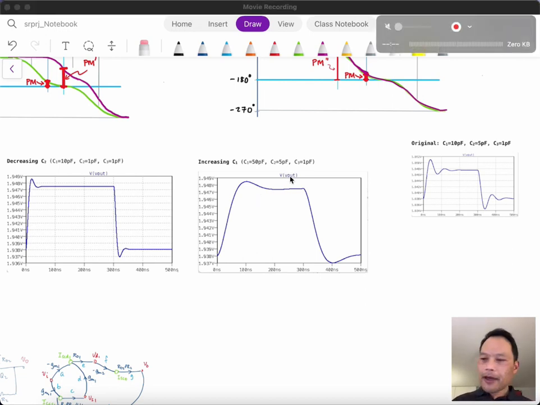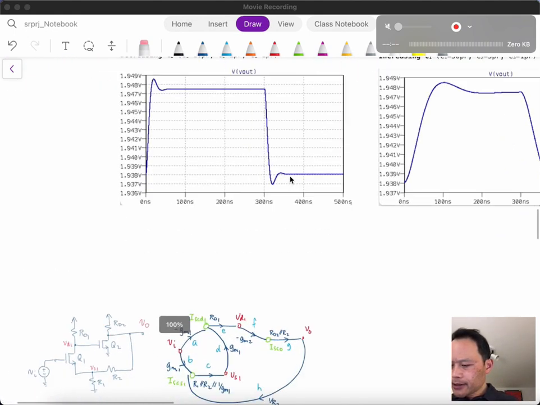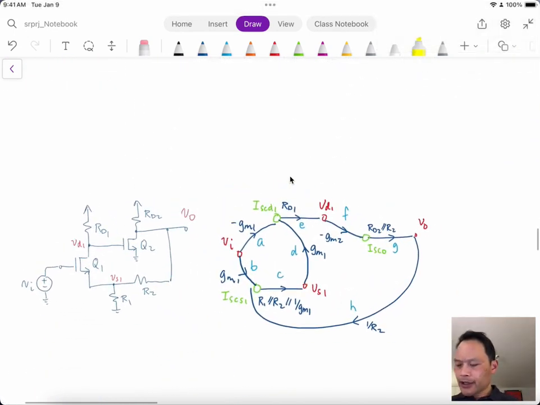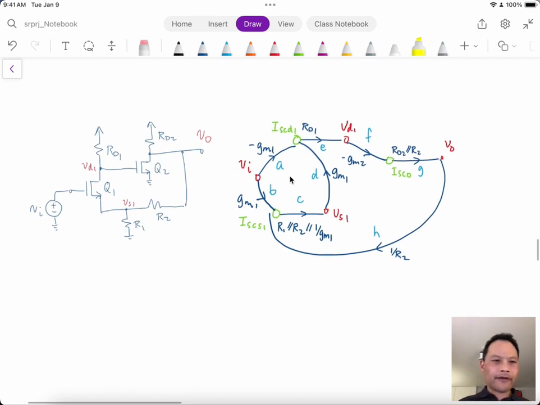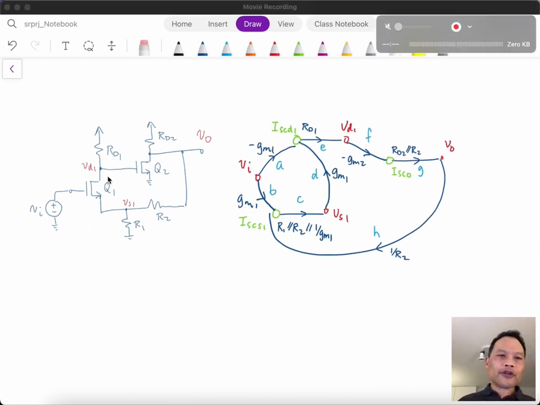So to recap then, this set of videos has gone through the analysis of a typical transistor feedback amplifier using signal flow graphs. We've shown how to take a circuit and convert it to a signal flow graph.